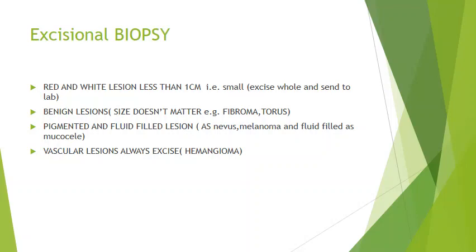Pigmented and fluid-filled lesions such as nevus, melanoma, etc., you will excise the whole lesion, excisional biopsy. Vascular lesions, hemangioma, etc., you will excise them. So this is basically everything about the diagnostic aids which we need to know.